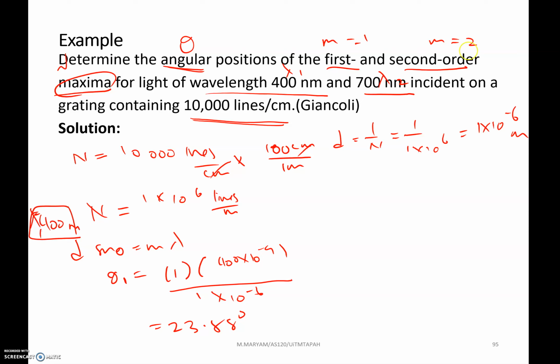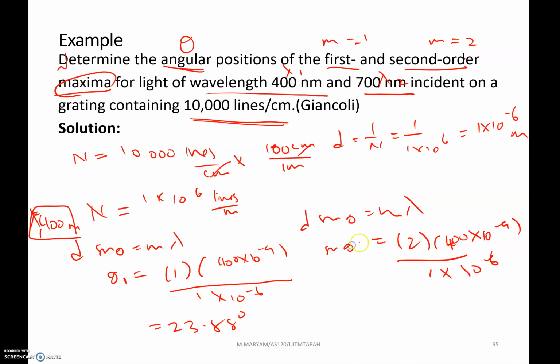So calculate for second order then. d sine theta equals m lambda. Your m is 2, your wavelength is 400 nanometer, and your d will be 1 times 10 to the power negative 6. We divide by d. You will get theta 2 as 53.13 degree.